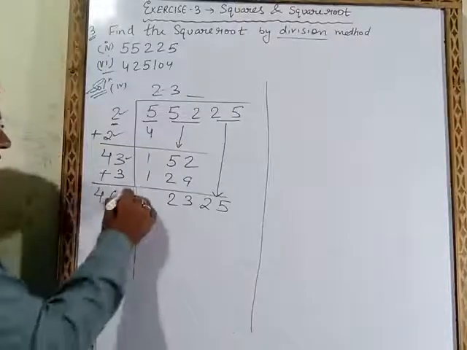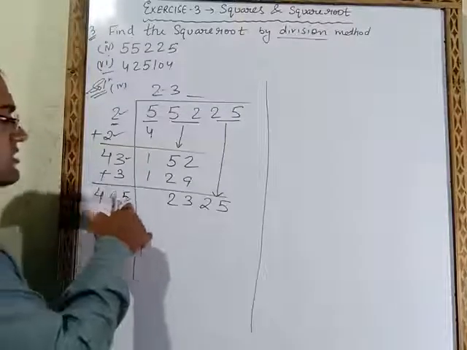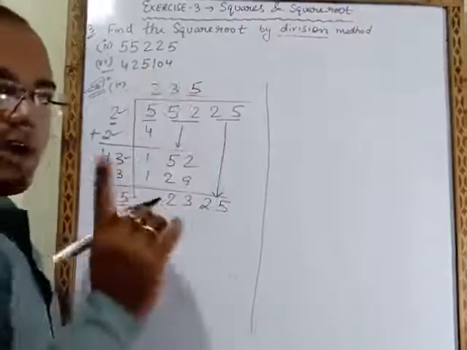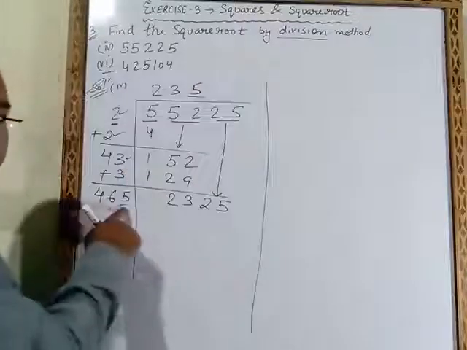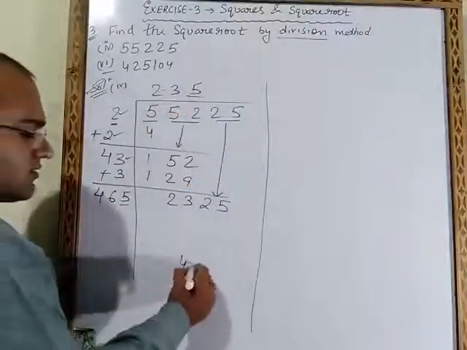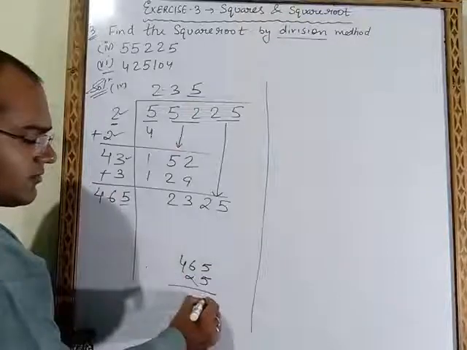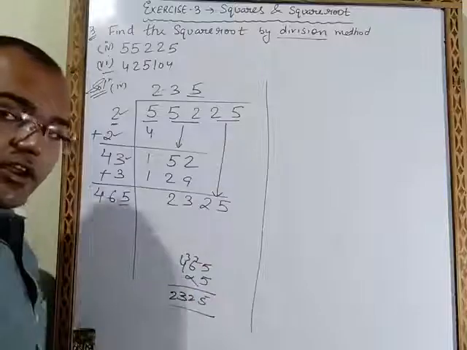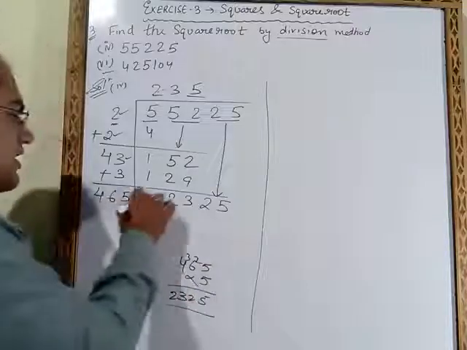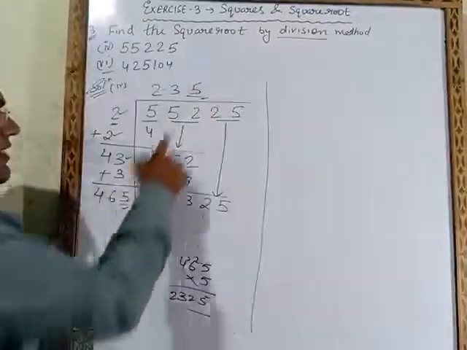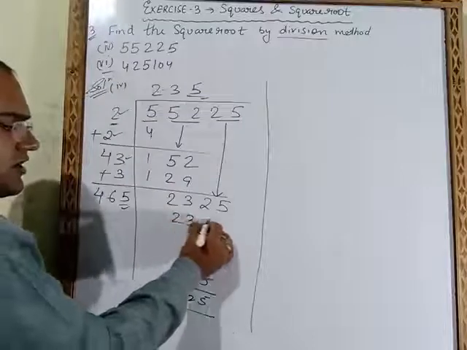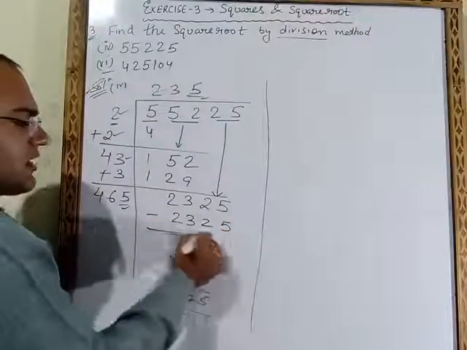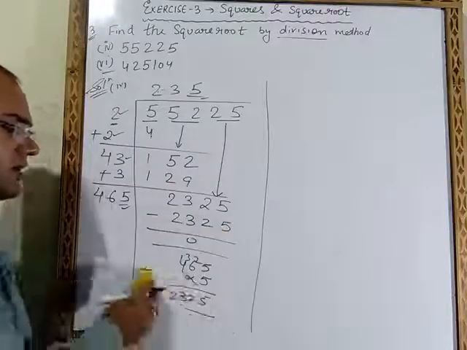Suppose if I take here 5, then that means I have to take here also 5. So 465 5 ja 2325. That means this 5 is correct. Now we will subtract these two numbers and remainder will be 0.